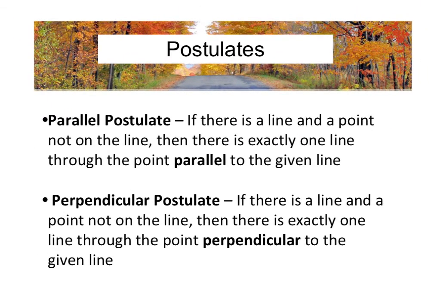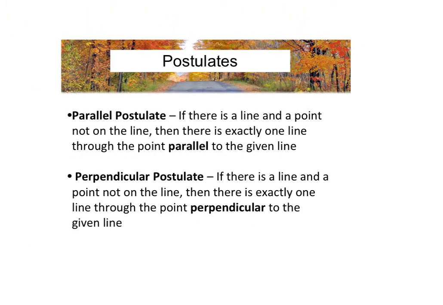Postulates. Parallel postulate: if there is a line and a point not on the line, then there is exactly one line through the point parallel to the given line. For this postulate, I want us to go ahead and draw a line. And it says there's a line and then there's a point not on the line. So just draw a point outside the line. There's exactly one line through the point parallel to the given line.